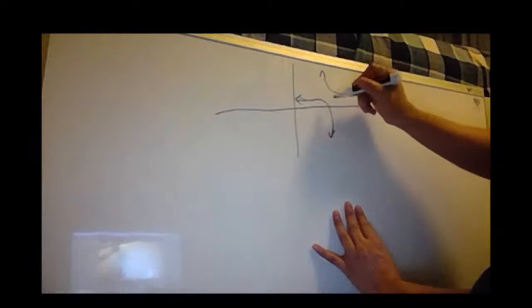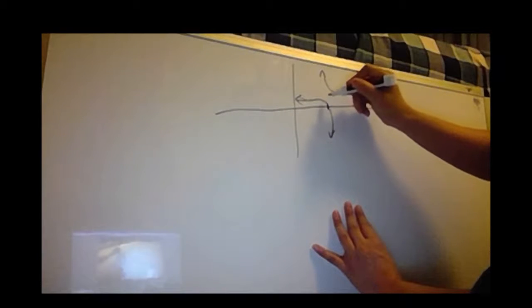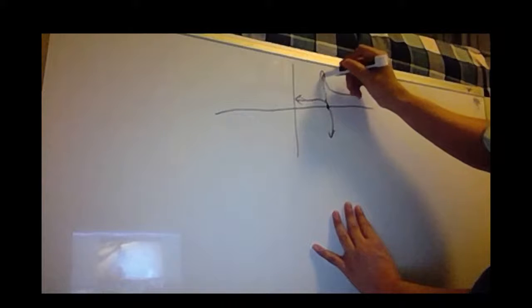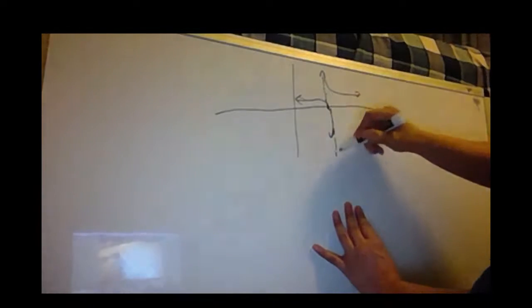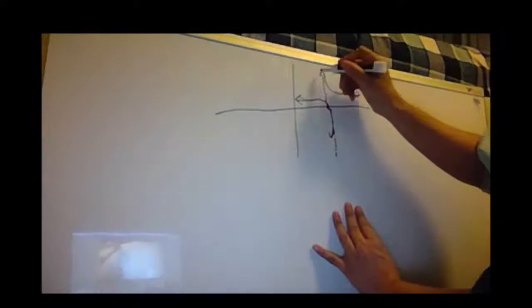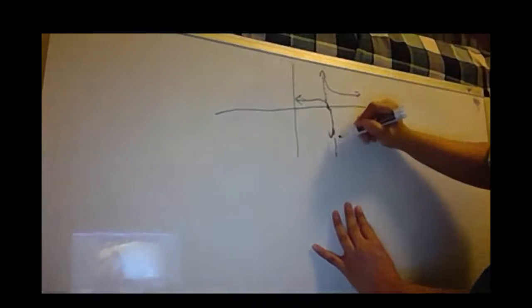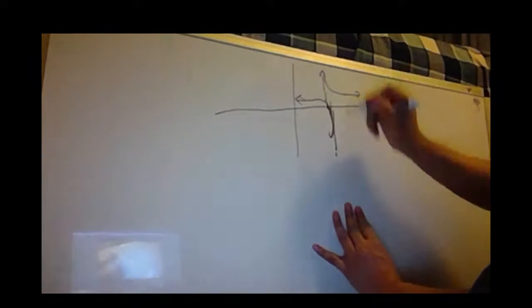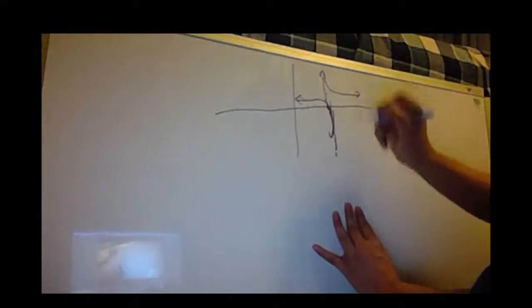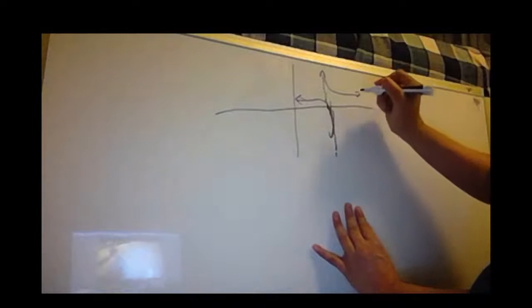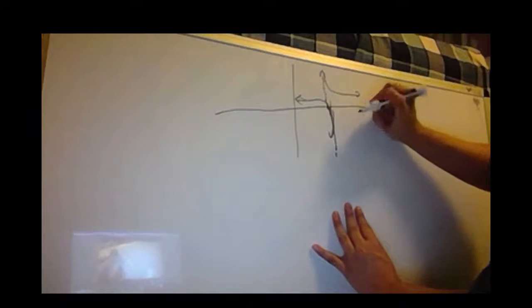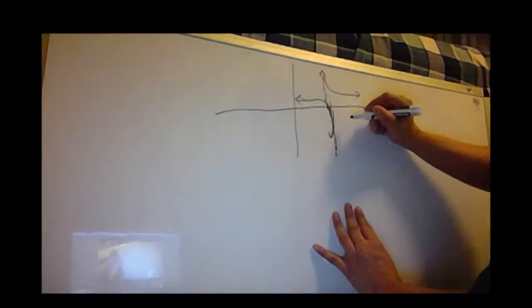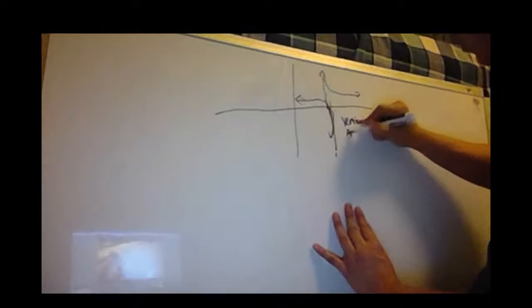We can say that this part here, this line here, basically, and I hope y'all can see that, this vertical line here is called the vertical asymptote, okay?